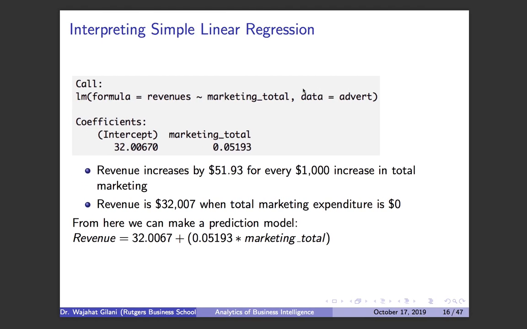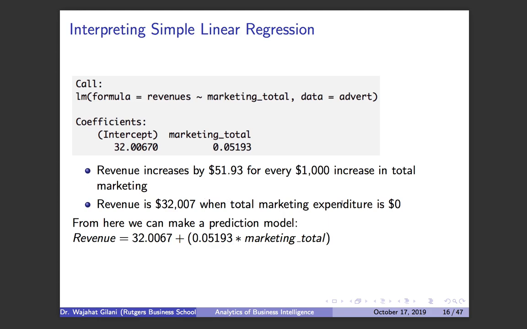Because our unit of data is in thousands, for every $1,000 increase in total marketing, our revenue will increase by $51.93. That is how the slope or coefficient is interpreted. For every $1,000 decrease, we're going to lose $51.93 of revenue. So every $1,000 we spend in marketing, we're getting $51 in revenue. That might not be a good trade-off in terms of how much money you're spending in investments, but nevertheless, that's how you interpret it.